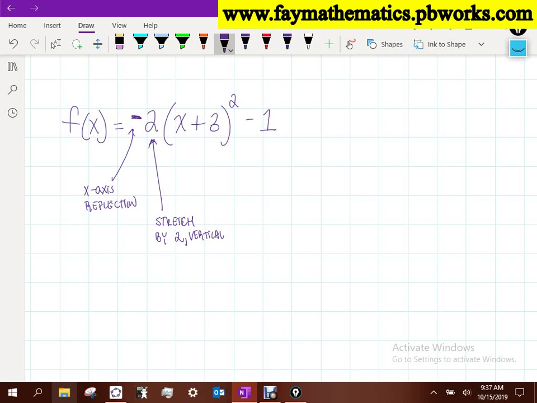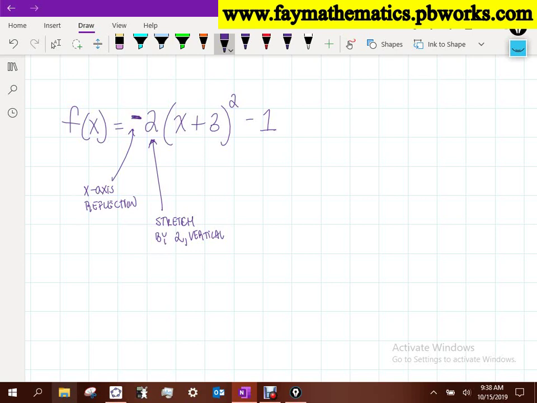So this reflection is getting applied to this stuff. It's not getting applied to this negative 1. That's why yesterday at the end of class I showed you that blue box on my website that said do H, horizontal shifts, first, do S, stretches, second, do reflections, third, and do your vertical translations last. It's because of the algebra here with distributing that negative.